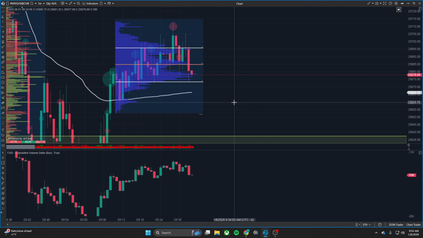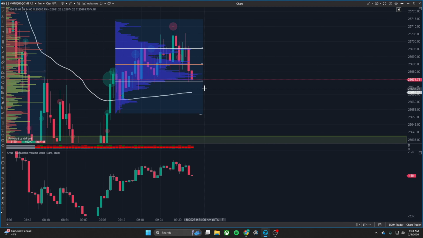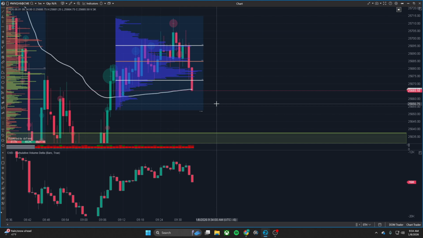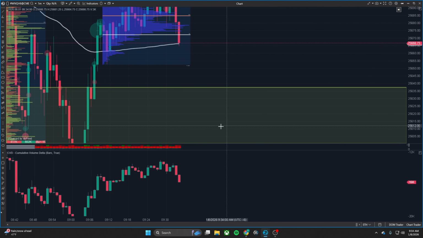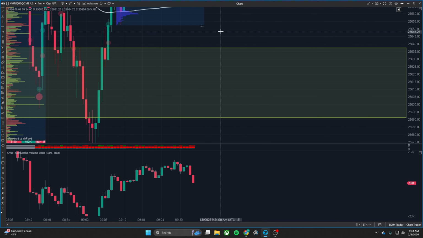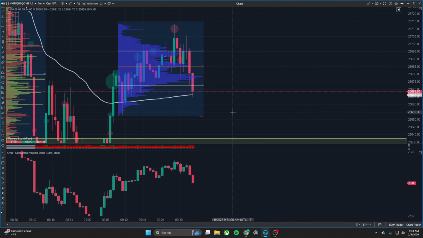So for the mean reversion, we want to see us come out of balance, and then we want a retracement back to balance, and then we want to see those big sells come in with follow through and CVD following, and then we can enter with stop above the big orders, and then target 1 to 6, 1 to, alright, don't make me say it, but yeah, like 1 to 7 risk to reward, probably down somewhere in this demand zone, which is awesome.